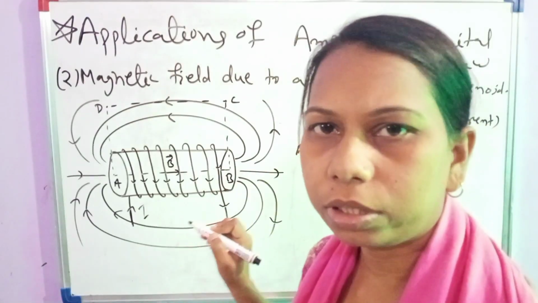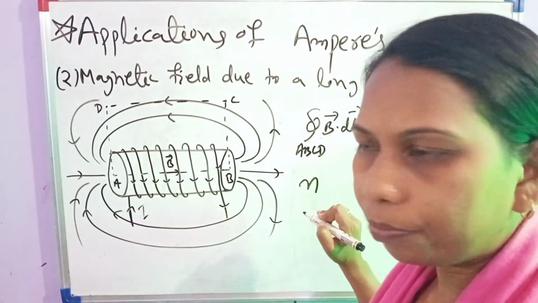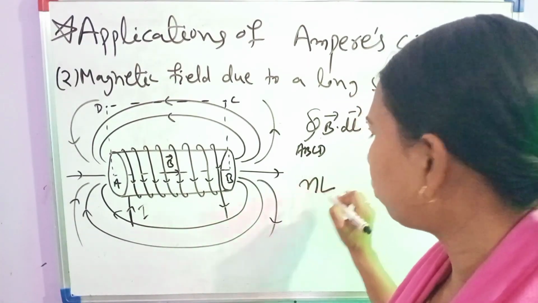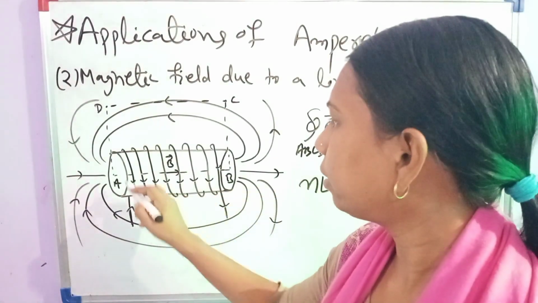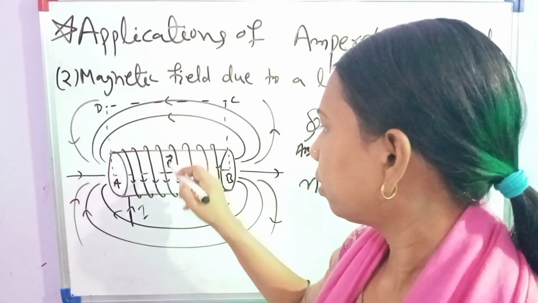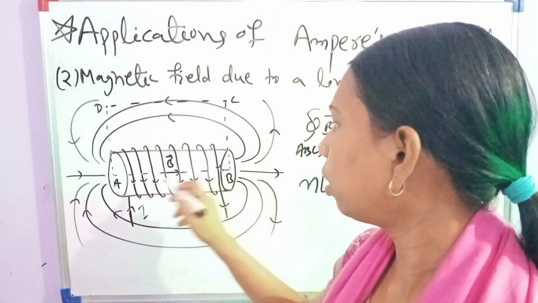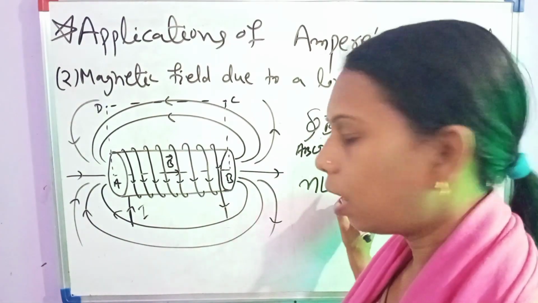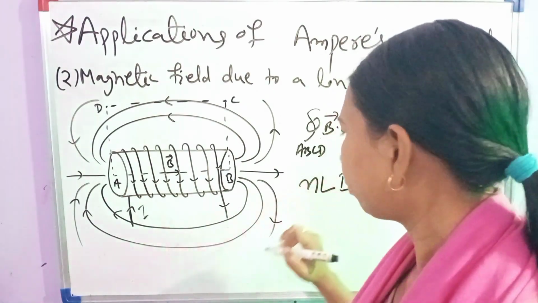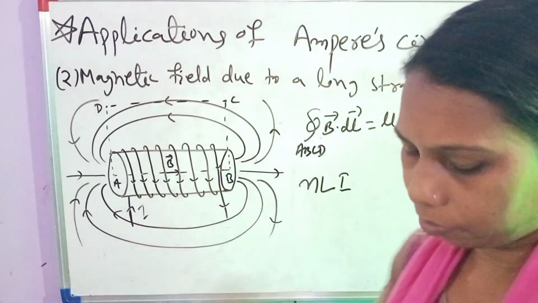I already told you n is the number of turns per unit length, so total number of turns equals n into L. Since current I threads each turn, the total current inside the rectangular loop ABCD equals nL into I. Now we will put the value of total current in this equation.